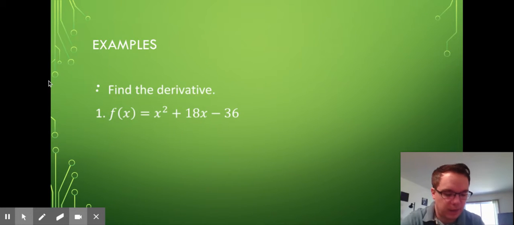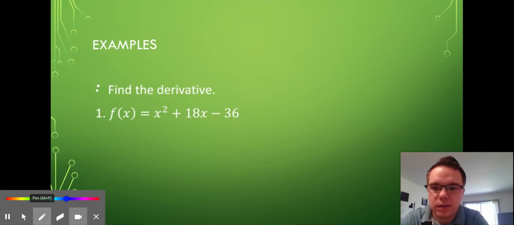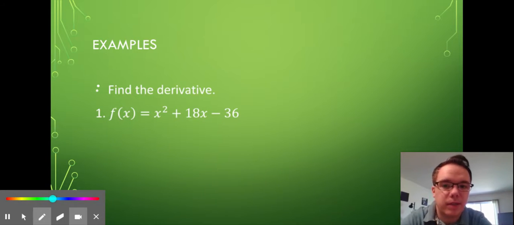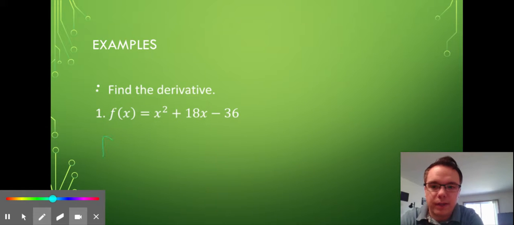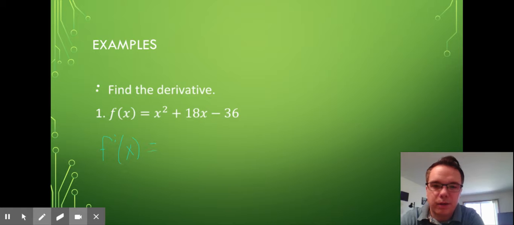All right, so we're going to do a couple examples. We're going to start with the derivative of x squared plus 18x minus 36. To find the derivative, we're going to bring down our exponent and put it out front.